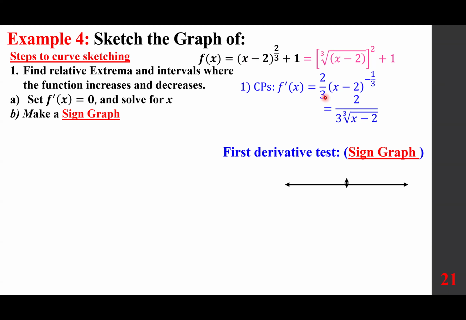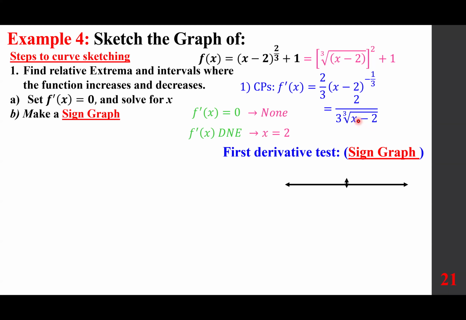Now, f prime is 0 when the numerator is 0, because it's a fraction. It doesn't have any solution because the numerator is a number. f prime doesn't exist when the denominator is 0, and clearly that means x equals 2.